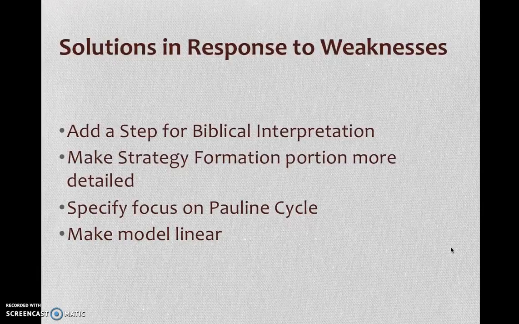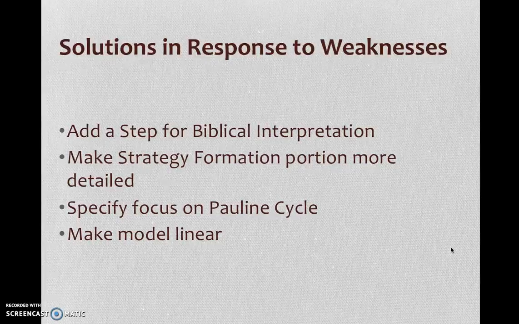So here are some solutions in response to the weaknesses. We could add a step for biblical interpretation. That would be before theological formation. We'd expand the strategy formation portion and make it more detailed. And we'd add a focus on the Pauline cycle, just to make the model show what part of the church planting cycle we see in the book of Acts, which has been written on extensively by Hesselgrave and others.